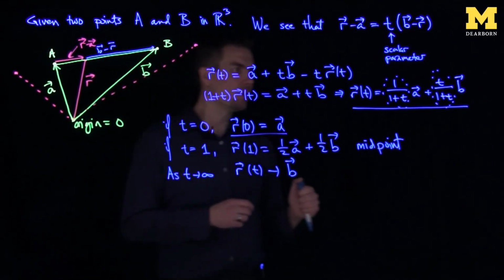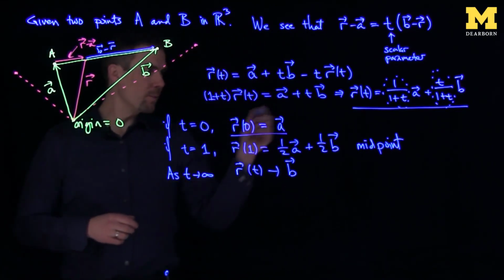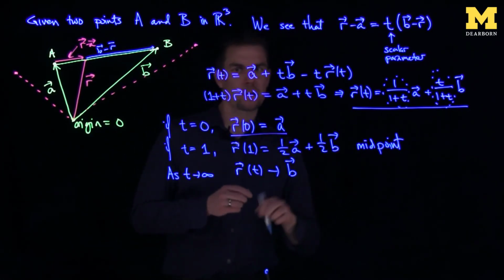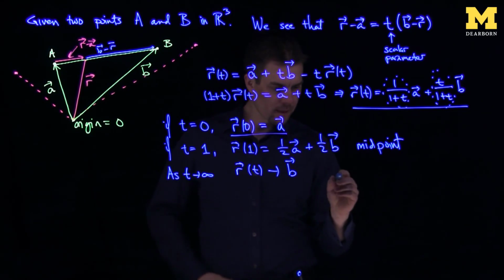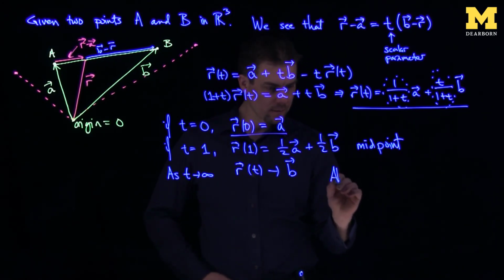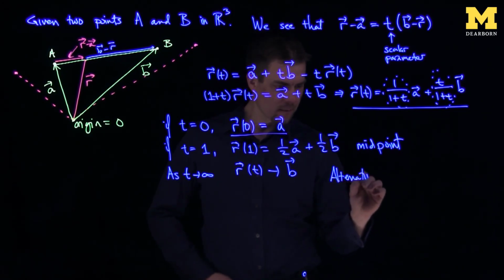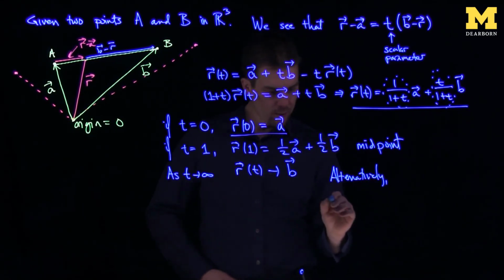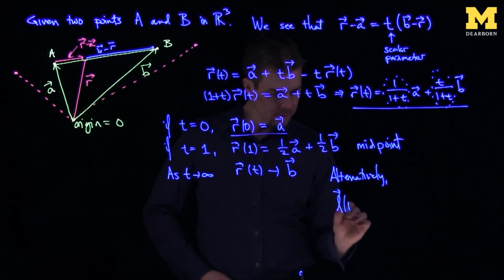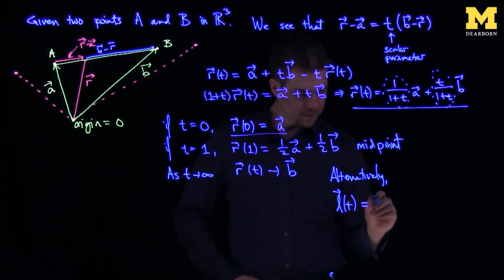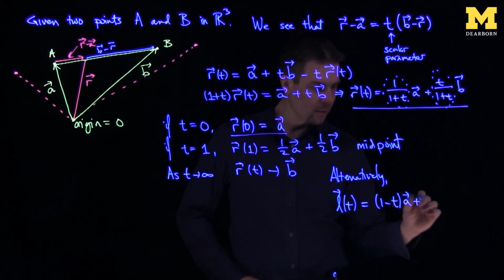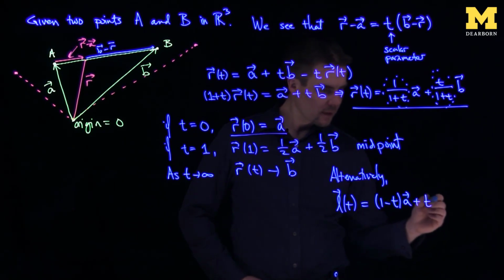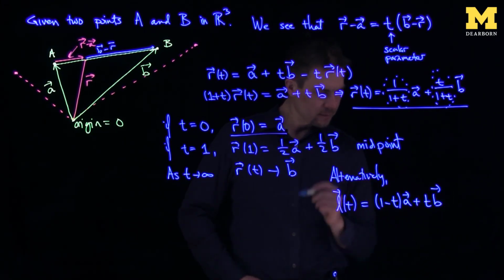Now, of course, we can reparameterize this with a different parameter. Alternatively, we can write L of T, which is 1 minus t a plus t times b.